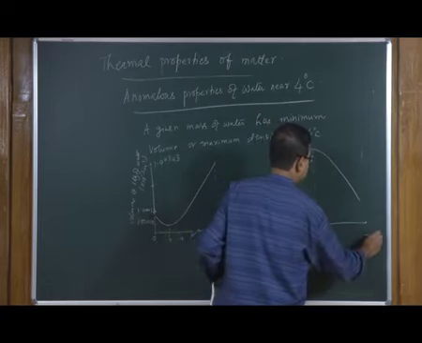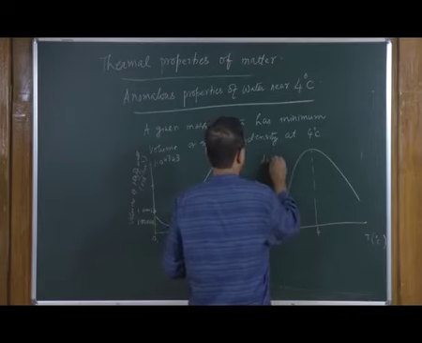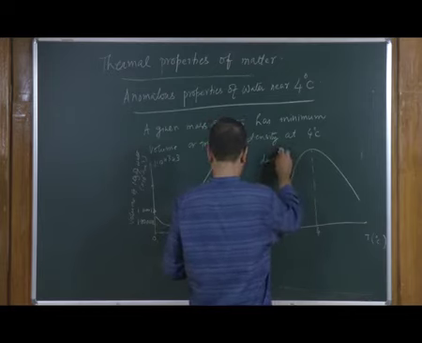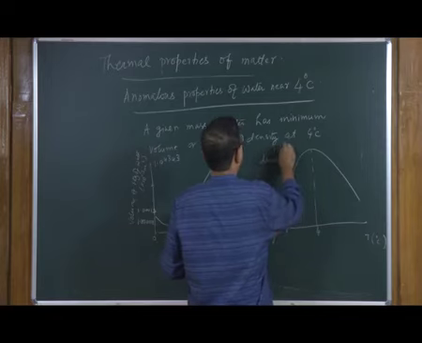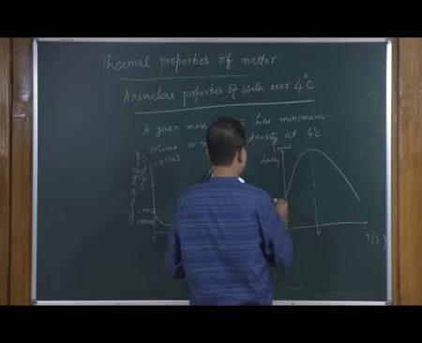So, this is again T in degree centigrade, and this is density, and this density has a value exactly equal to 1, and it increases from a value very close to 0.99985.